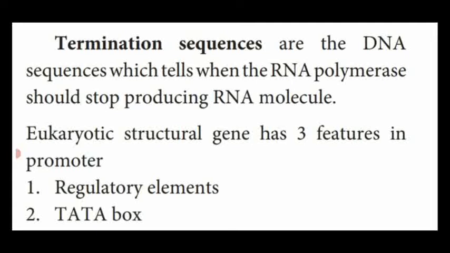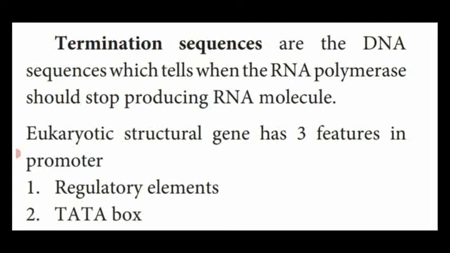So, we have seen promoter and termination sequences. What is the promoter? It is a specific sequence of DNA nucleotides, consisting of two sites: one is the TATA box, another one is the transcription start site where the transcription begins.